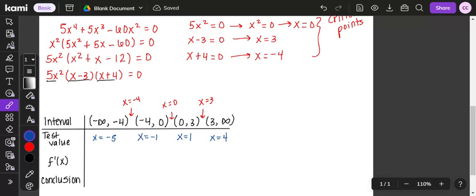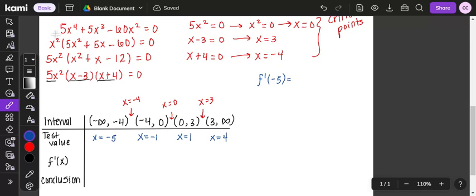All right, and what I'm going to do is plug each of those values into the derivative function to figure out whether or not I get a positive or a negative. So I'll show you one of these, all right? I'll show you -5, for example, and then we'll just use a calculator for the rest. So remember, if I'm going to plug in -5, I need to know what f prime of -5 is.